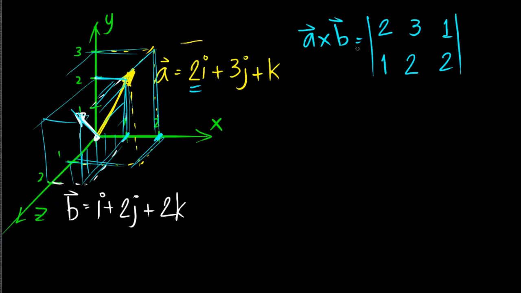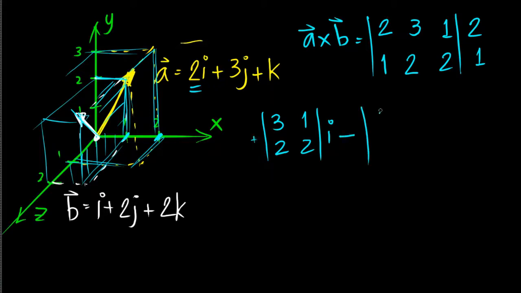And then, like I said, copy the first column too. Now, for the I or the X component, what we have is 3, 1, 2, 2, I. So, the sign is positive, but we write it as minus.